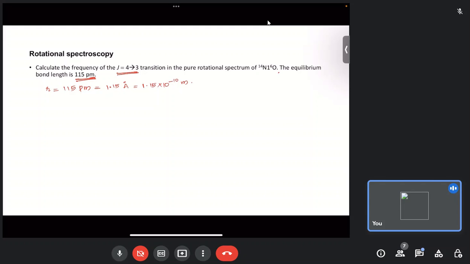Now we have to find what is the energy of transition between J equal to 4 to 3.